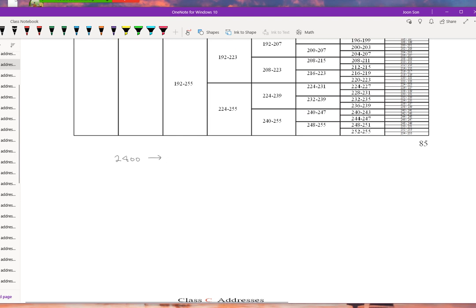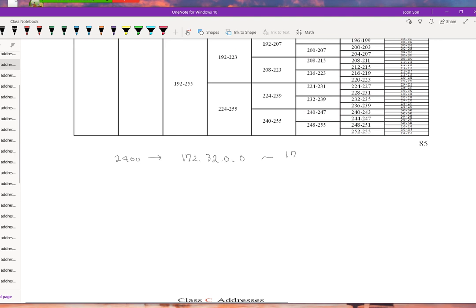I need 172.32.0.0 all the way to what? This is Class B, so I have to work on the third octet.